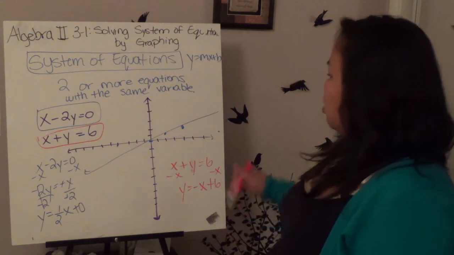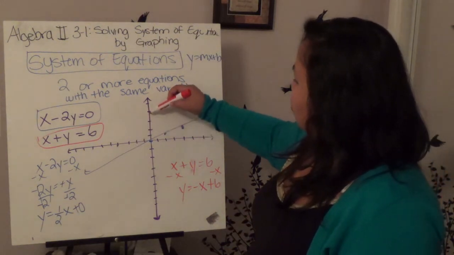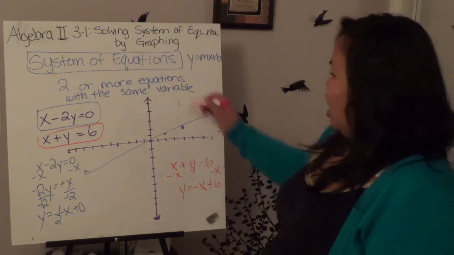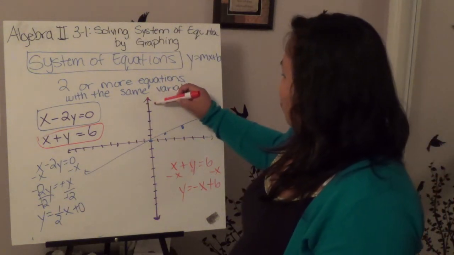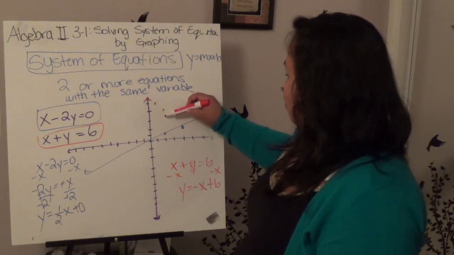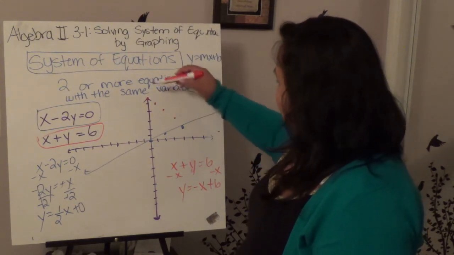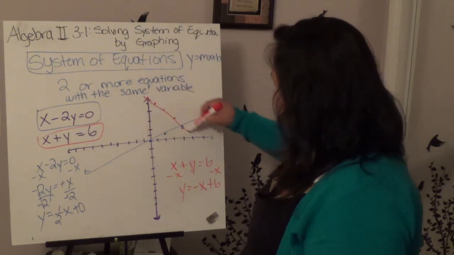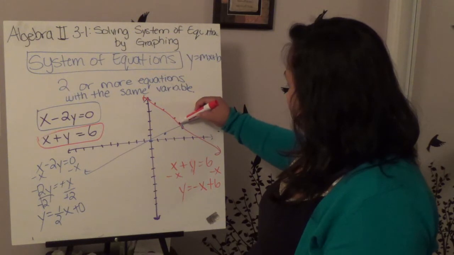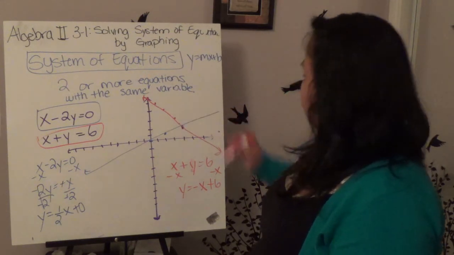So that means I'm going to start at 6 on the y-intercept, because this is my b, and I'm going to go down 1, over 1, down 1, over 1, down 1, over 1, and down 1, over 1, and then down 1, over 1.